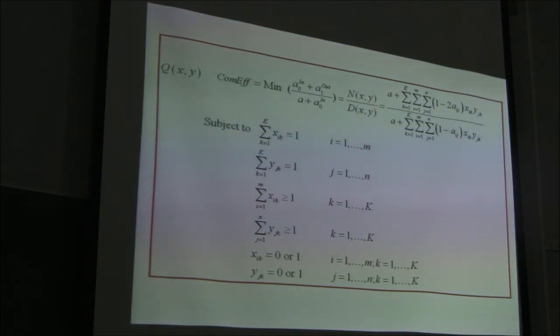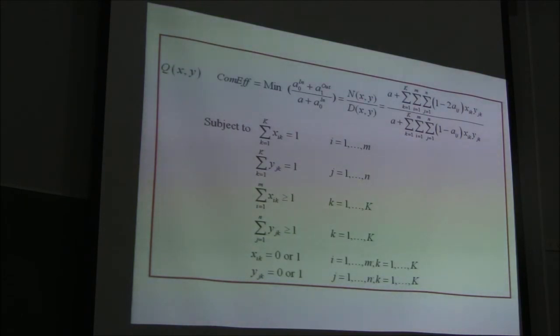But the objective function is a ratio, and furthermore, it is quadratic. The numerator is quadratic and the denominator is quadratic. So the next step was to try to find an equivalent problem where we eliminate the quadratic term. And we use a very standard way to transform a binary problem where you have a quadratic term.